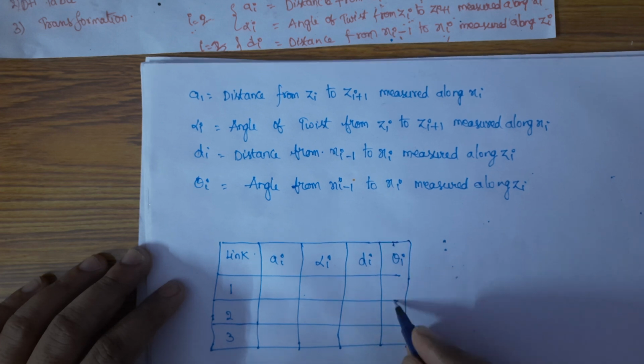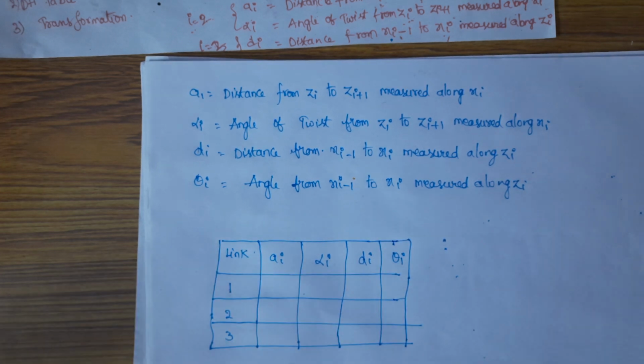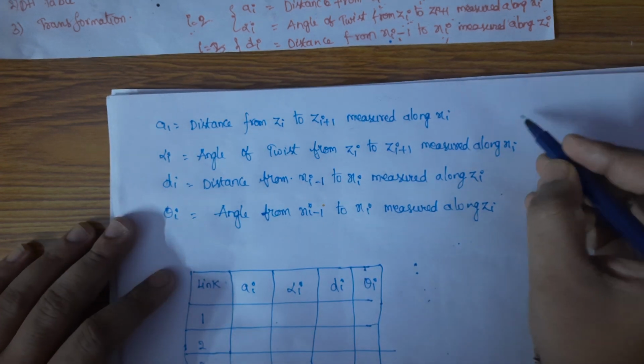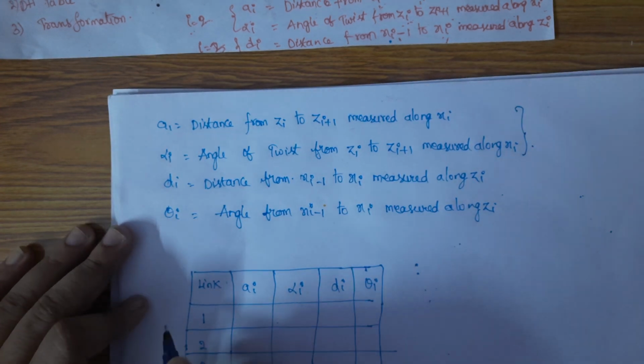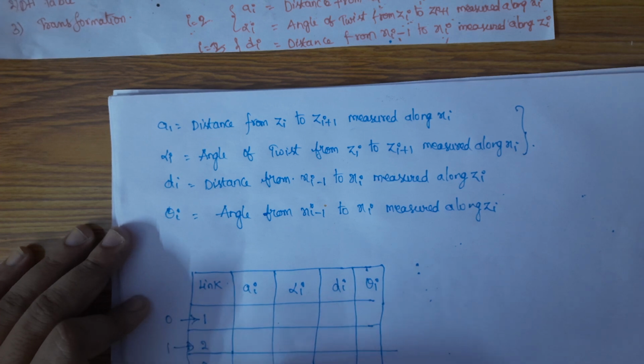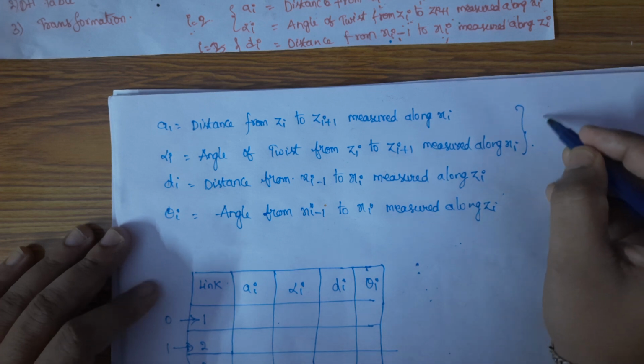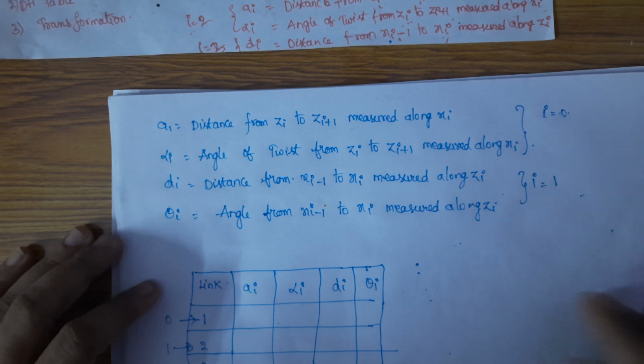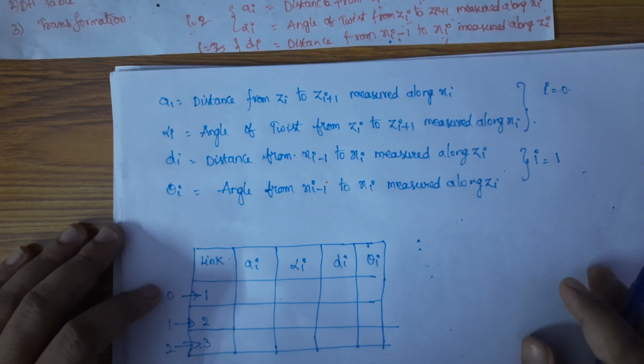These are the 4 things that we need to find out in order to complete the DH table. For the first two, we will be calculating 0 to 1, 1 to 2, 2 to 3. The first will be i equal to 0, and the next i equal to 1.